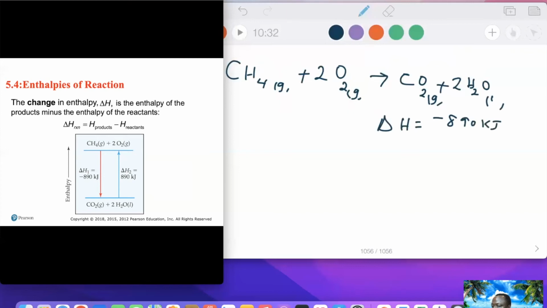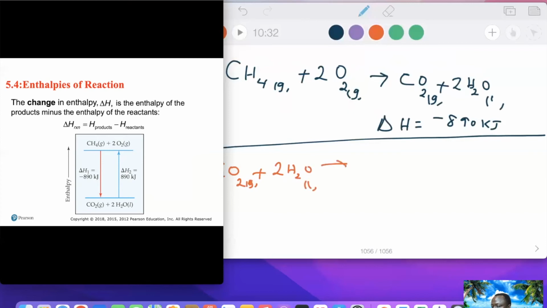kilojoules. So if that is the equation, let's reverse the equation. If we reverse that, look at what the sign is: CO2 gas plus 2 moles of H2O to form methane gas, CH4 gas, plus 2 O2 gas. The ΔH for this will be 890 kilojoules.